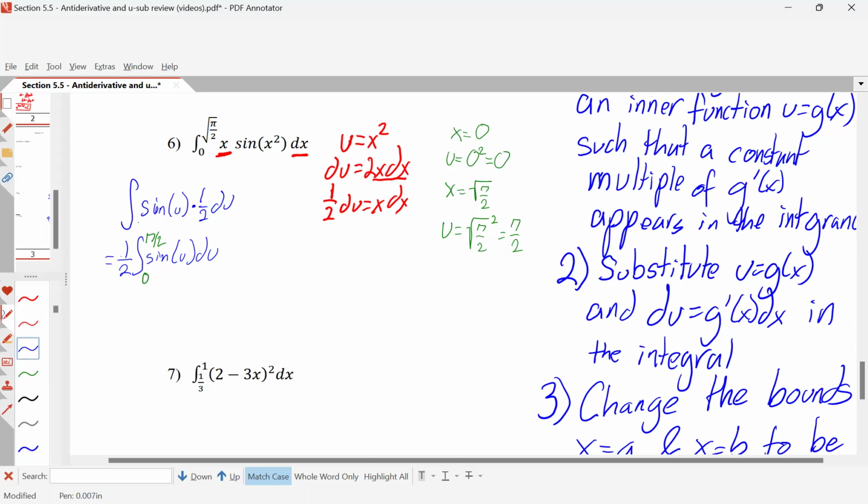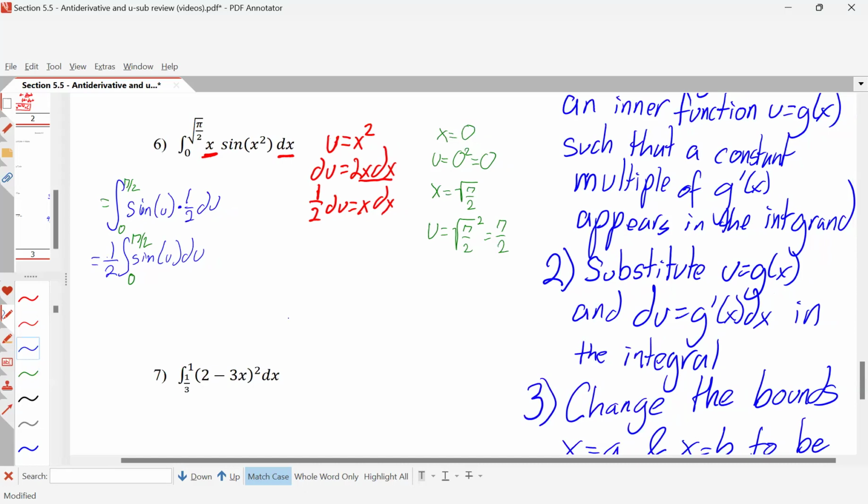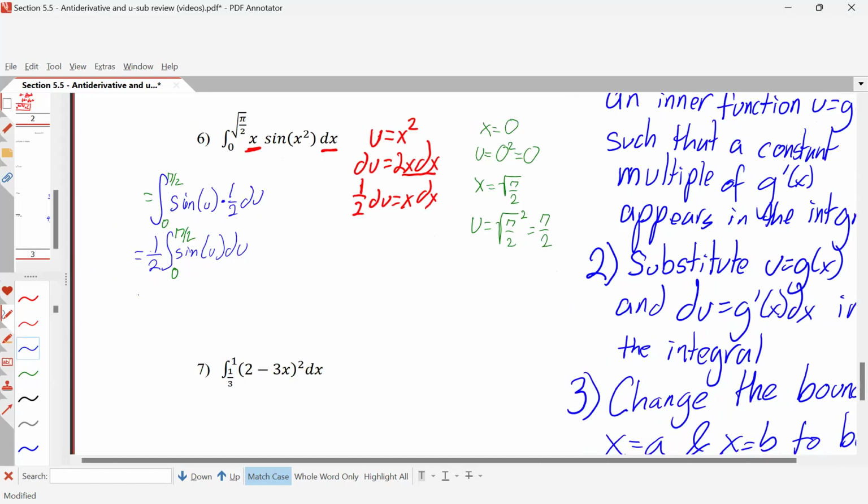Now we have an integral we can evaluate. The derivative of sine is cosine, so the antiderivative of sine is negative cosine. So we get that this is negative 1/2 cosine of u from 0 to pi over 2.